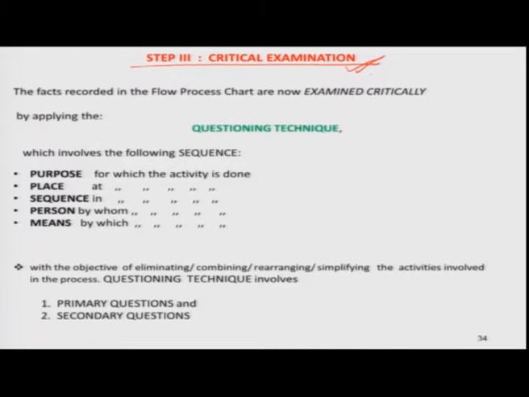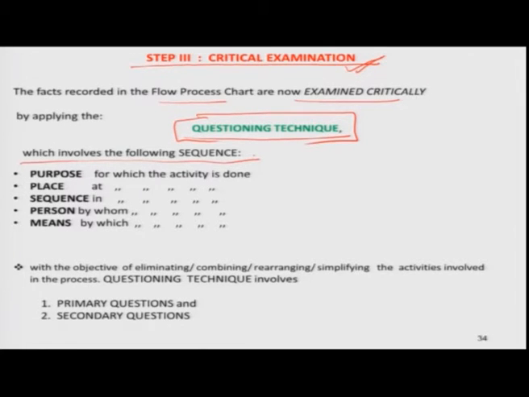Suppose you have already prepared a chart; how will you judge and critically examine it, whether you have made it in the actual way or something is wrong? Okay. The facts recorded in the flow process chart are now examined critically by applying various questioning techniques. Questioning technique is the primary stage of your examination purpose.